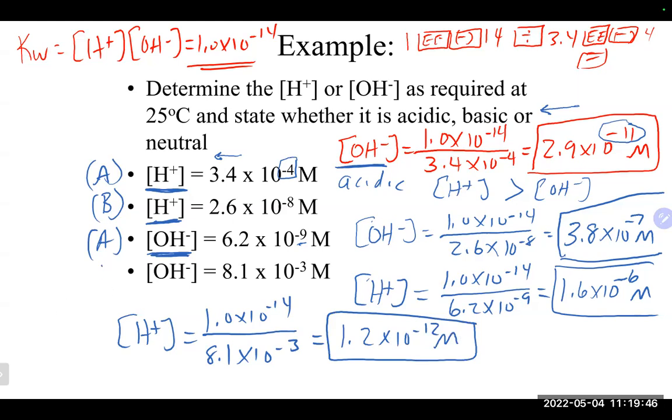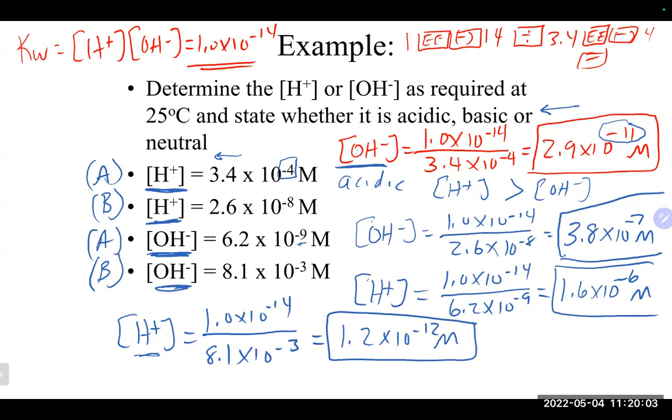That should mean that this one should be basic based on the OH minus concentration being larger than the H plus concentration there. Any questions on any of those there?